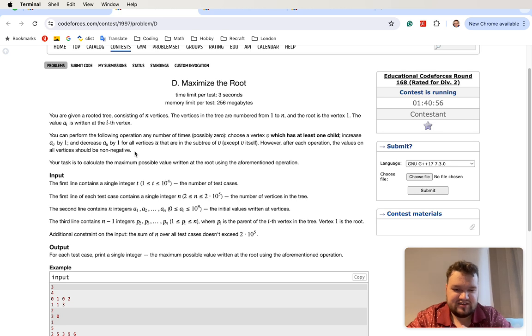So the order doesn't matter, and we can see that for every vertex we first do all the operations that do +1s, and only then all the operations that do -1s, because we go from lower vertices to higher until we reach the root.